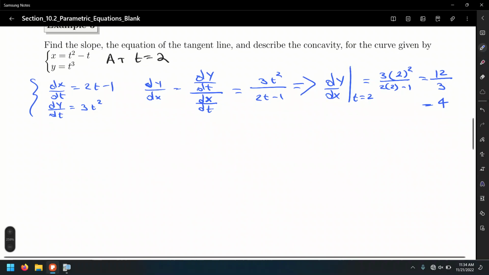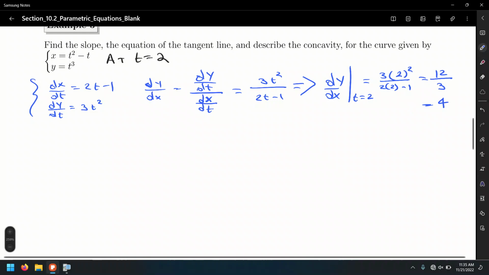But recall that there is a connection between t and the set of parametric equations. Those parametric equations are going to give us the position x, y for every single value of t that you can think of, as long as they are in the domain. In this case, I don't think there's any issue with the domain because they're all polynomials.